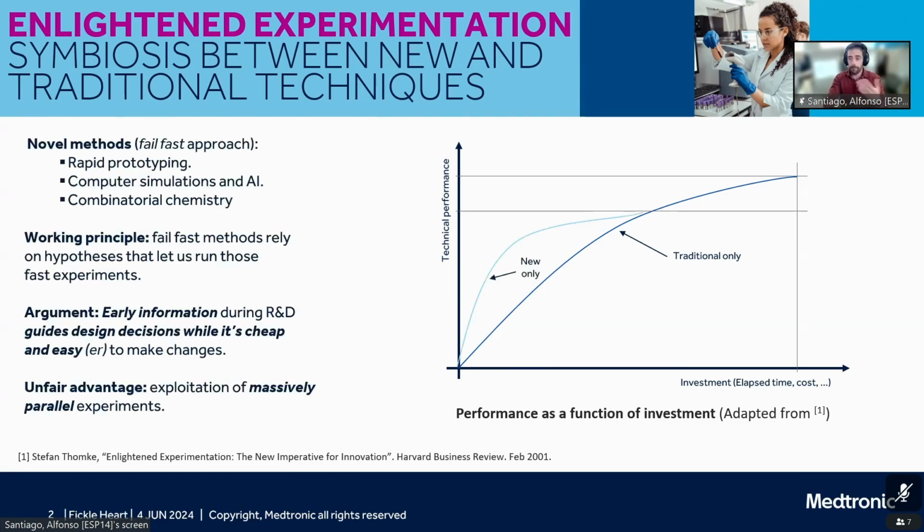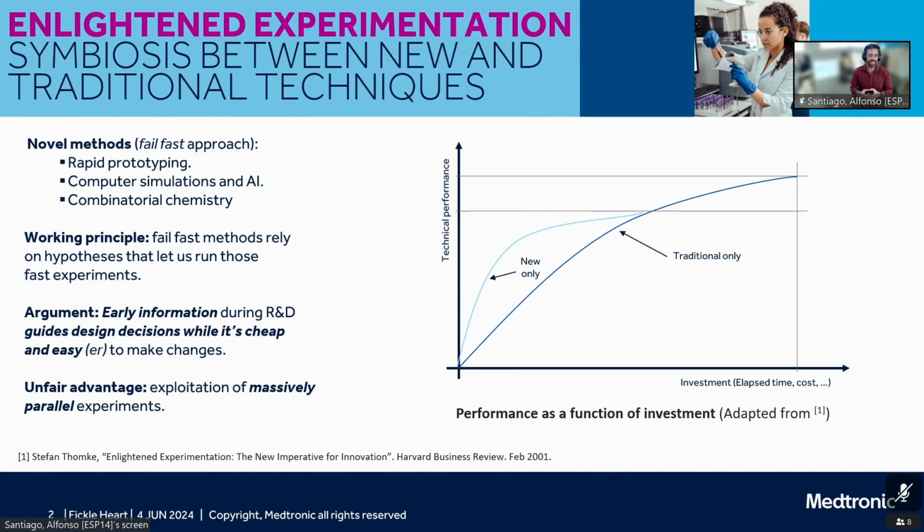The thing is that modeling can be considered a rapid prototyping technique. It's a fail-fast approach, like 3D printing or combinatorial chemistry or other types of models. The working principle of these fast prototyping approaches is that you rely on some hypothesis that lets you run many iterations or many versions of the experiment at the same time.